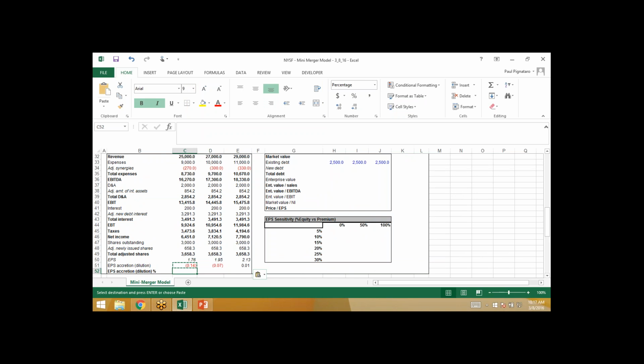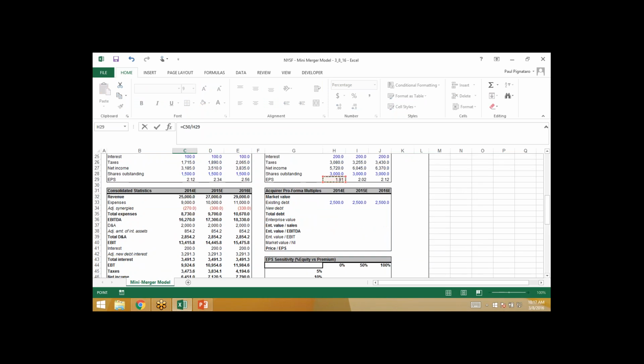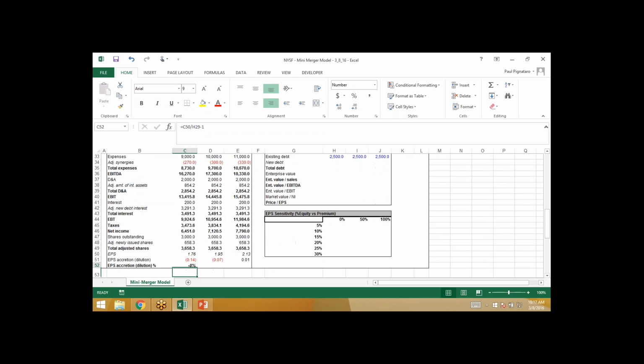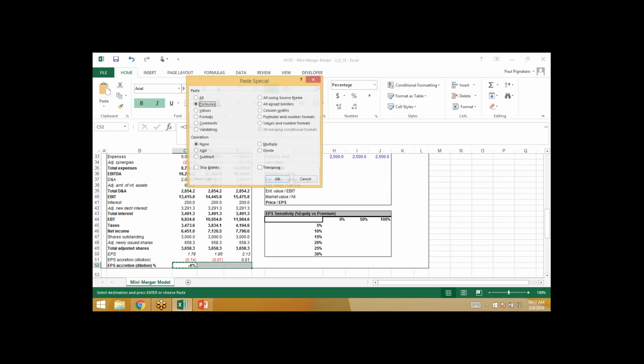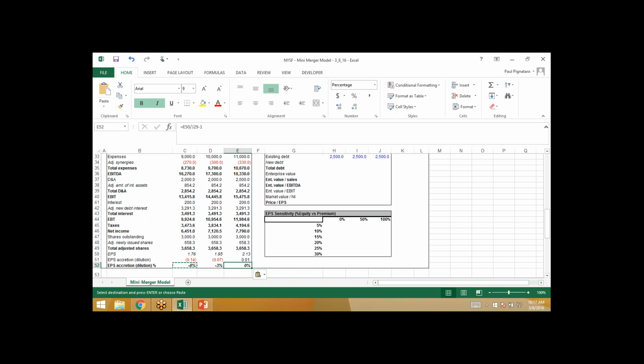We can calculate the percentage change, new divided by old, minus 1. So it's dilutive in the first year, becomes less dilutive, break even. You'd hope in the next years the trend means it'll become accretive.